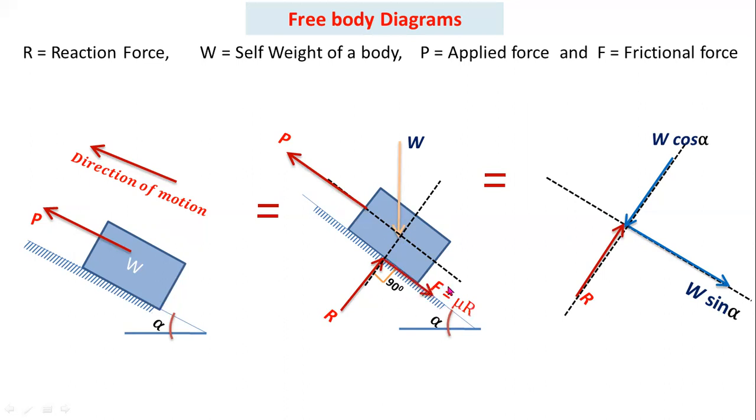Okay, frictional force always acts opposite to the direction of motion of a block. Here this is the direction of motion, and this is the opposite direction of the frictional force, F equal to mu R. Now consider these two forces here: F equal to mu R and P. This one is the P. Okay, these five forces are the free body diagram for this condition.